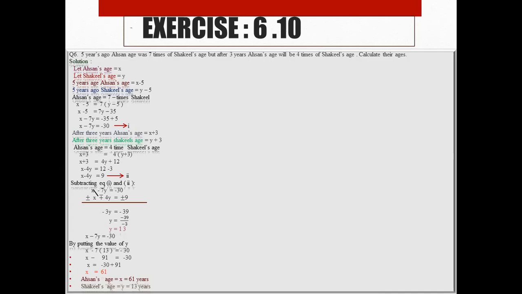Minus 30 plus 91 is 61. We supposed that Ehsan's age is X, so Ehsan's age becomes 61 years, and Shakil's age we supposed Y, so Shakil's age becomes 13 years.